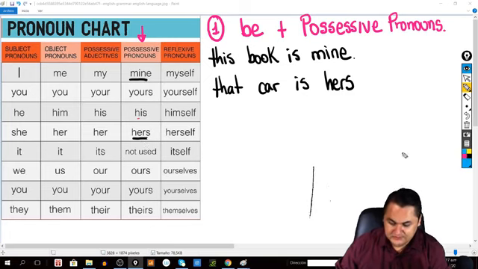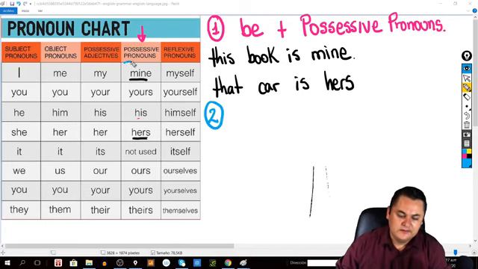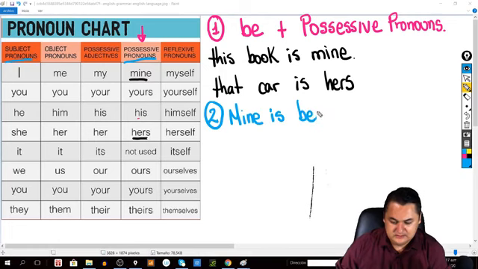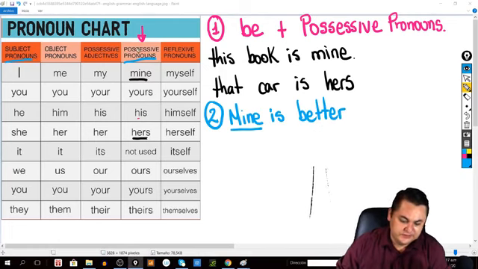The second rule is this. As pronouns, they can come before verbs, as subject pronouns do. So you can say, for example, mine is better. Mine is a possessive pronoun, and is the verb to be. So it is still a verb.